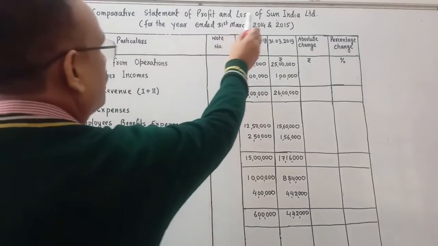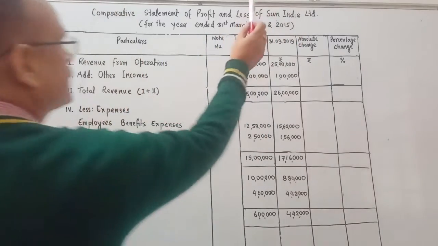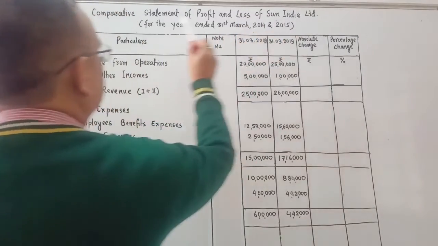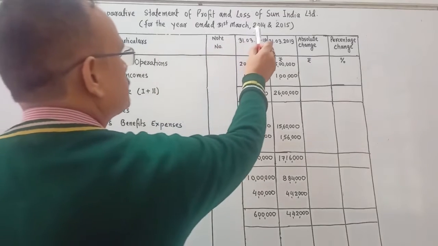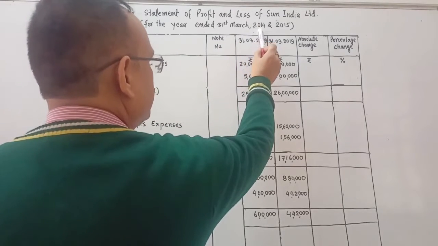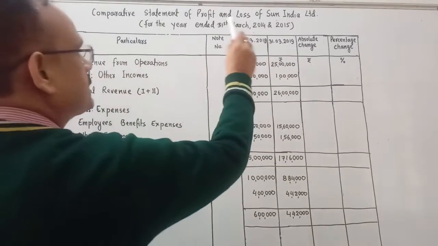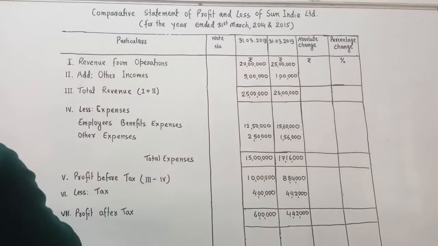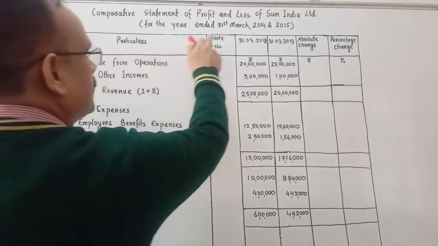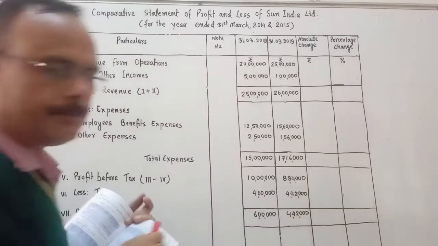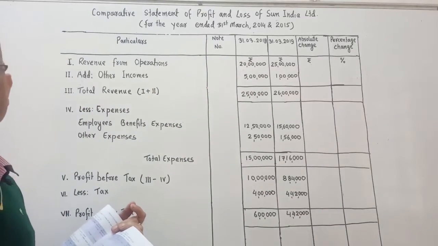Comparative statement of profit and loss of Sun India Limited. This is the name of the company for the year ended 31st March 2014 previous year and 2015 current year. This format will be same: particular, note number, and we will write the date over here.